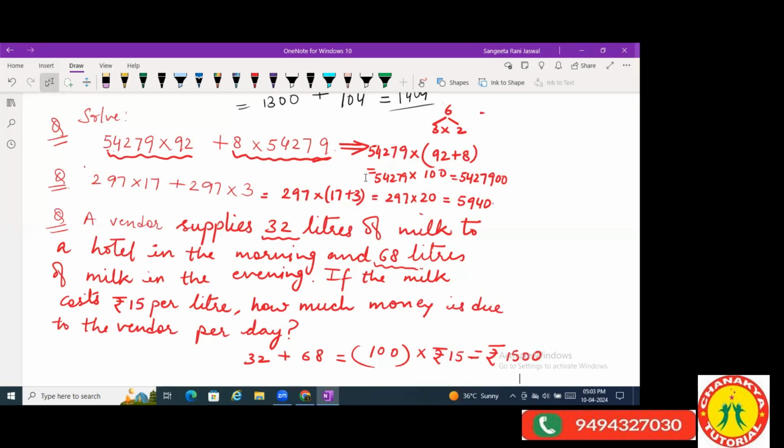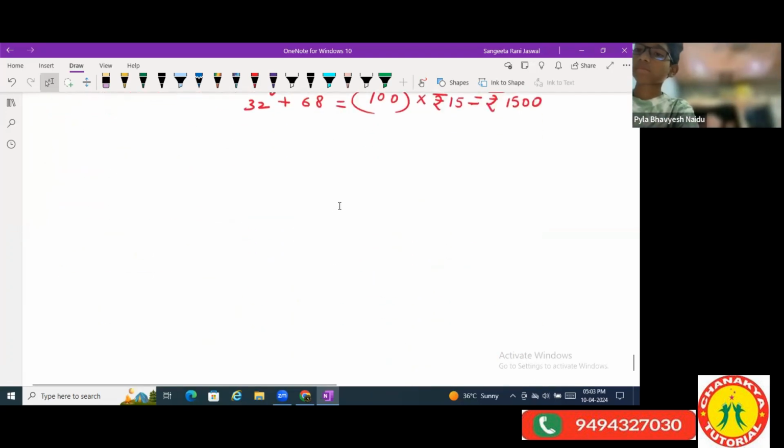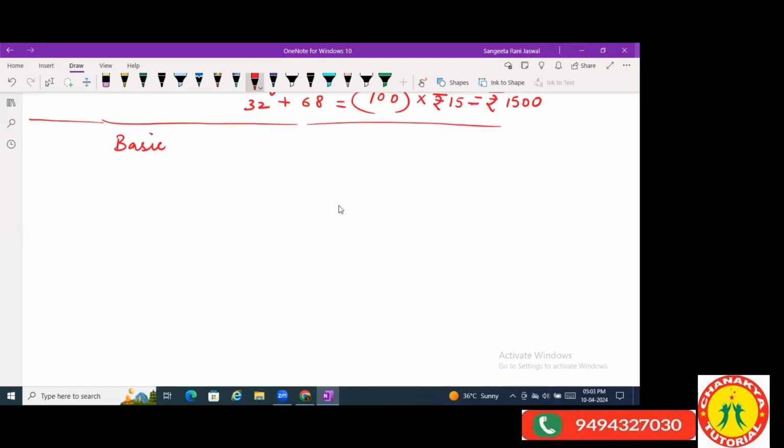Okay, then we'll do basic geometrical ideas. The name of the chapter is Basic Geometrical Ideas.